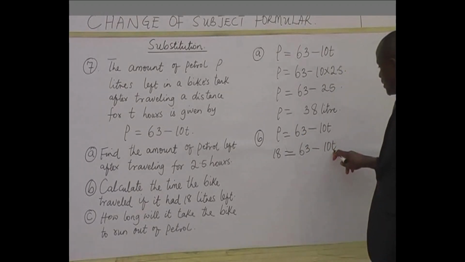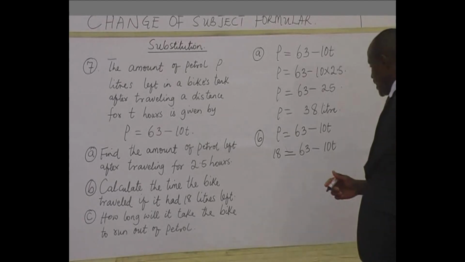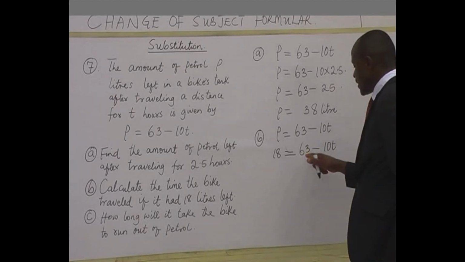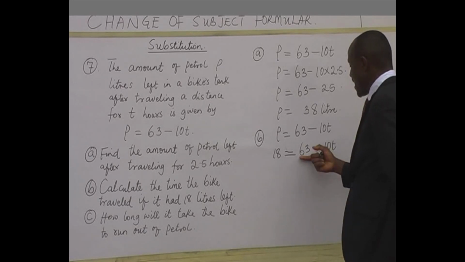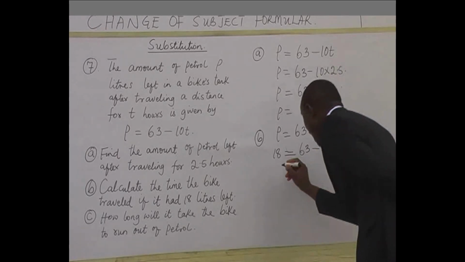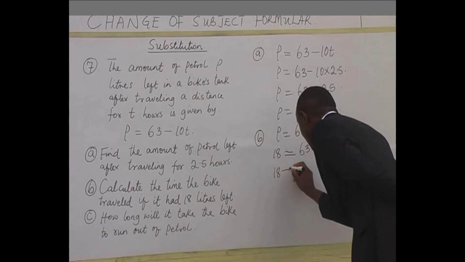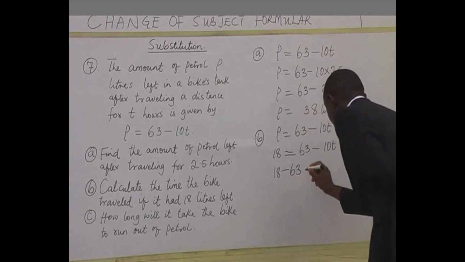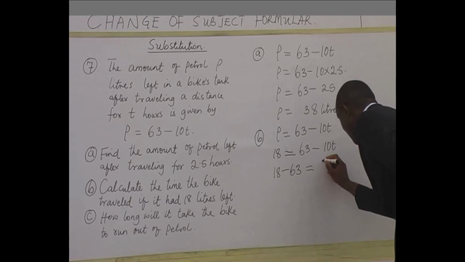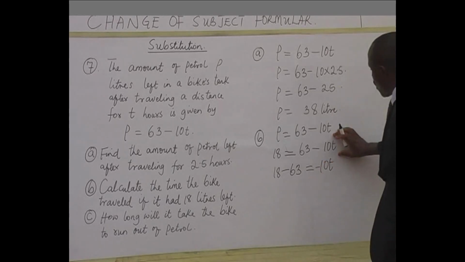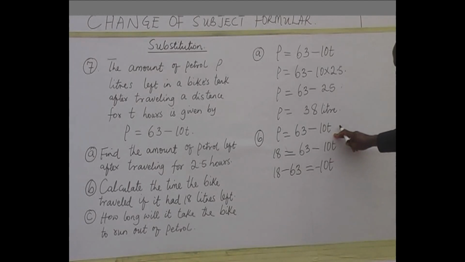You are looking for T. Now, subtract 63 from both sides so that you eliminate 63 from here. And you'll be left with only minus 10T in the right-hand side of the equation. So we're going to have 18 minus 63 in the left-hand side of the equation, and on the right it will be minus 10T, because what you have here already is minus 10T.